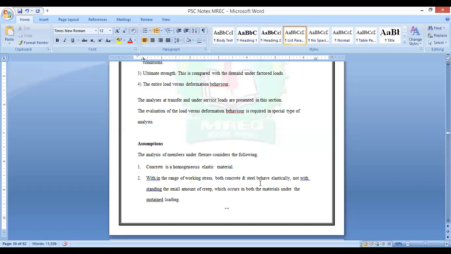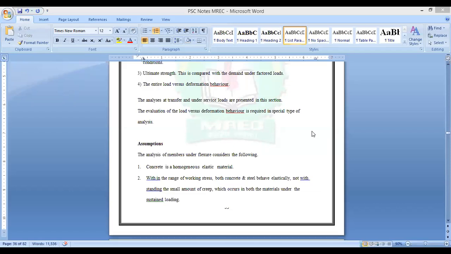And next, within the range of working stress, and within the range of that elasticity. Working stress means the member is under working condition, reaching working loads. Only then can you call the member an elastic material. Because of the elastic nature of concrete, when you stress the strand, your concrete bends upward. If the concrete did not have elasticity, would it be able to bend upward?